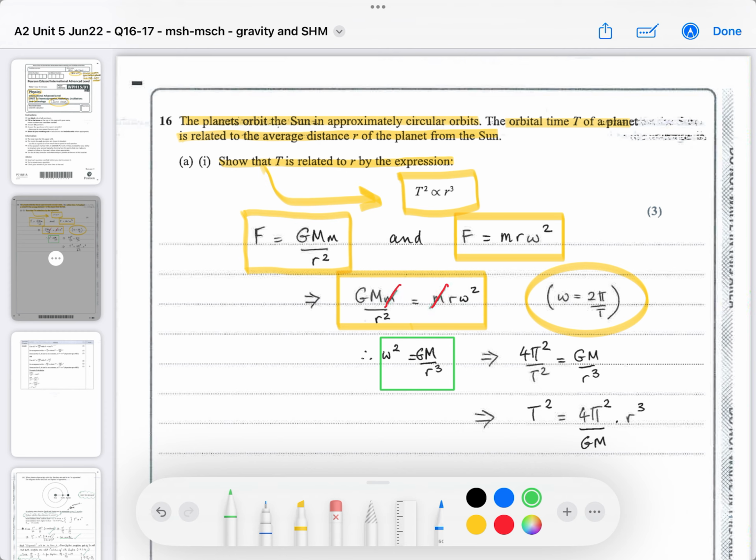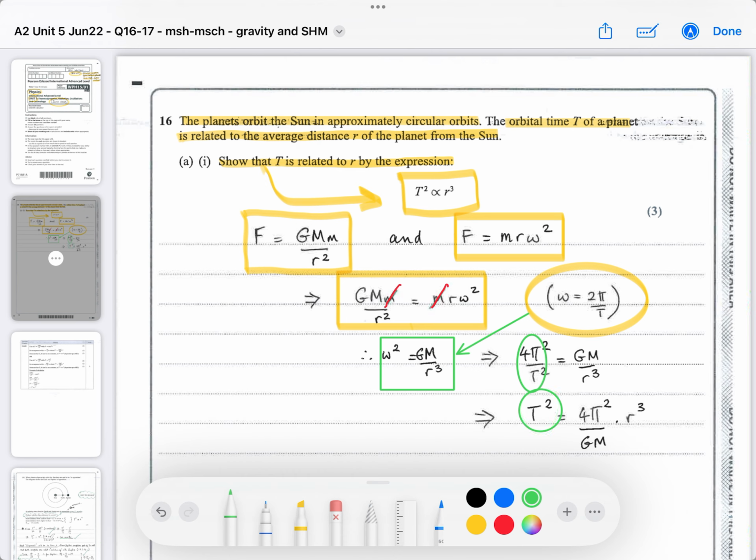Now we don't want omega in there, we want to put omega as 2 pi over T, so you're going to input omega equals 2 pi over T for omega squared, so that will make omega squared 4 pi squared over T squared. So that's equal to GM over r cubed. And if you just make T squared the subject of the equation, that's the same as the show that in the question.